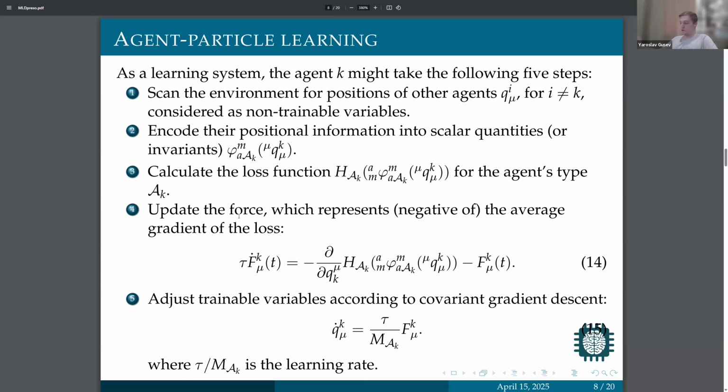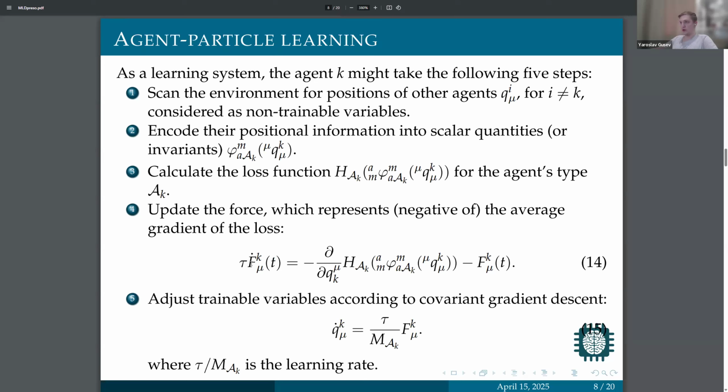But before the gradient descent, there is this important fourth step. It's the averaging of the gradient of the loss function, which is also very useful in the machine learning approach, when you not only consider the gradient of the loss function, but average it over your mini batches, or over time here. And this is what equation 14 is about.